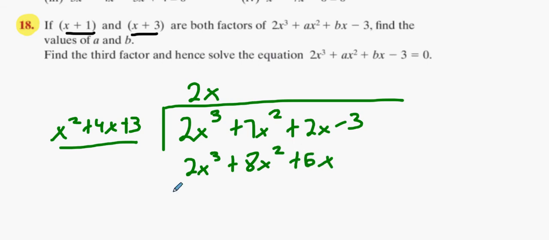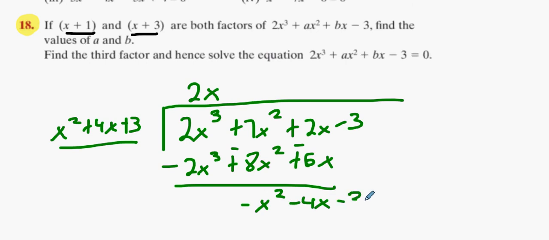Okay, then subtract minus x squared minus 4x. What's it? Minus 3. How many times does that go in? Once. Then you get, sorry, then you're going to get minus x squared minus 4x minus 3. Change the signs, and we're good, aren't we?